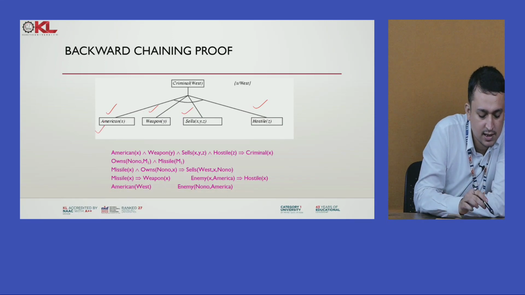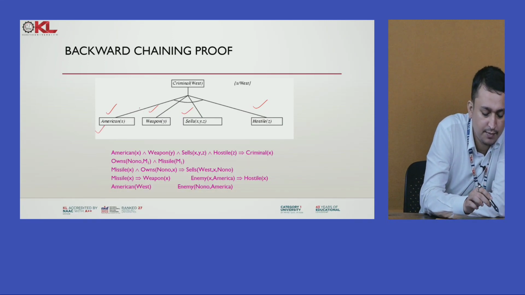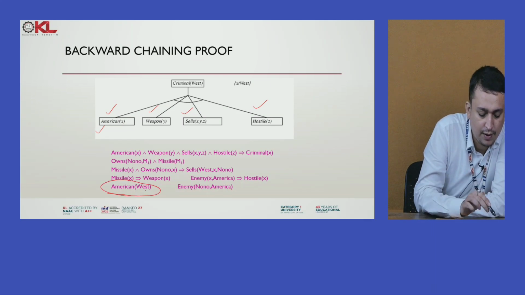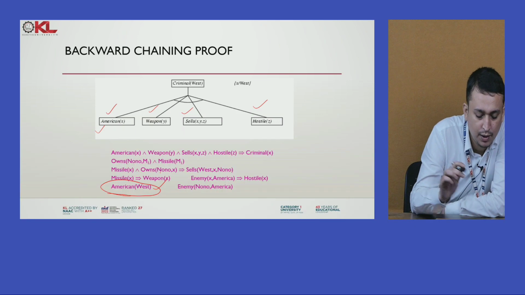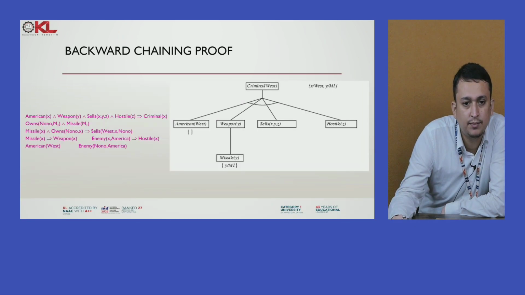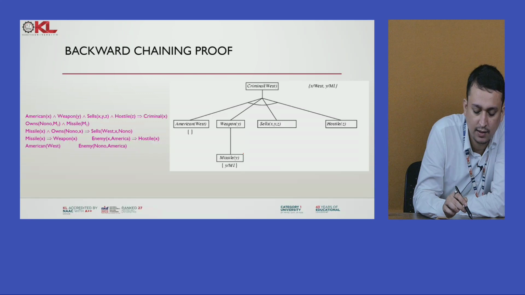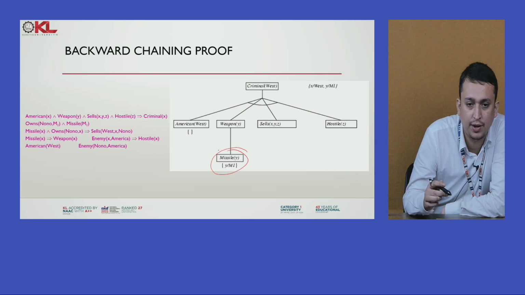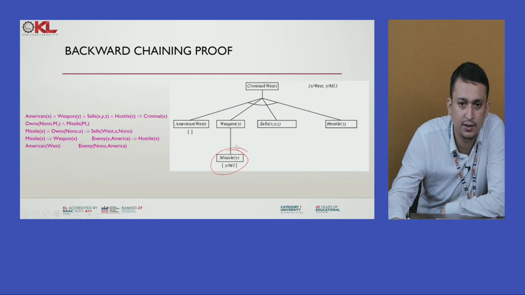This part by itself is true. If we follow this statement, West is an American, true. For proving weapon, we need another part: if Y is a missile, then Y is a weapon.